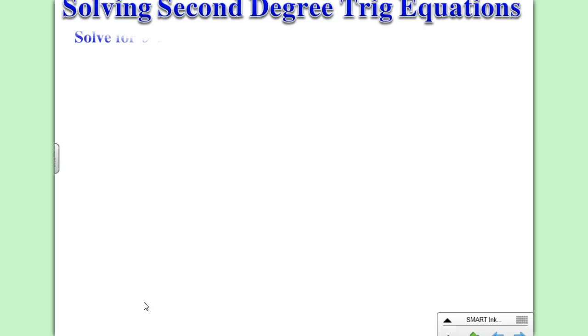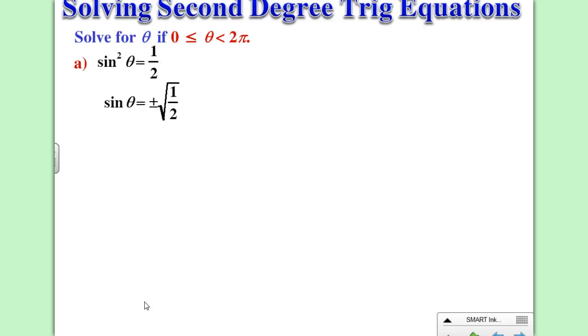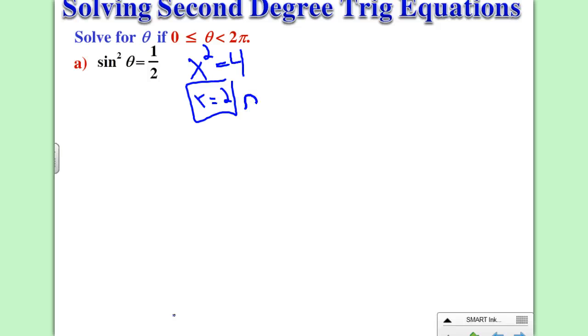Cool. Now, we've dealt with radians, but how about when we start dealing with squares? As soon as you have squares, you have to remember our square root property. So sine squared is a half is a tricky question, because when you take the square root, and I'm just going to put this here, x squared is 4. When I ask that question for $1 million, typically nobody gets a million because everybody says x equals 2, when that's only half of the answers, because x equals plus or minus 2 when you are taking the square root.